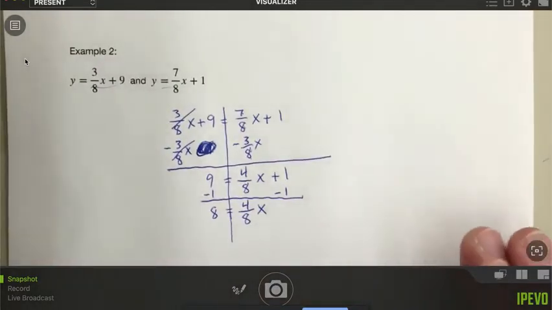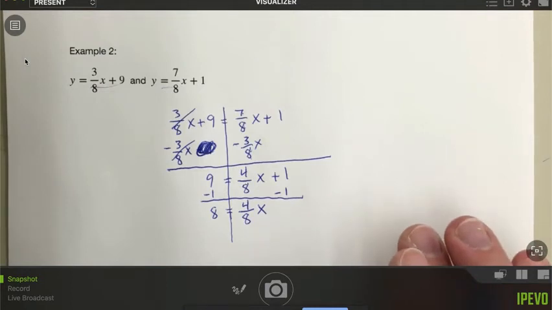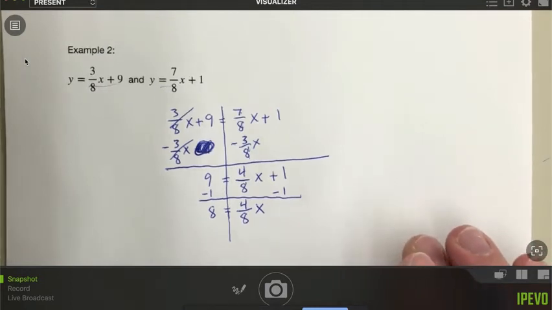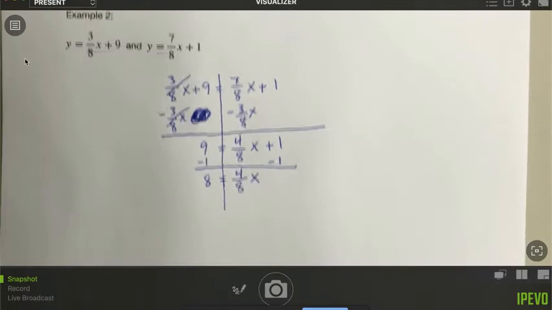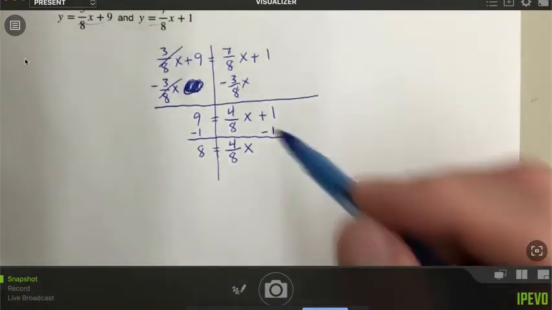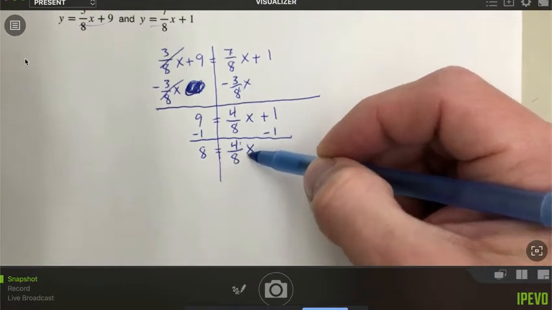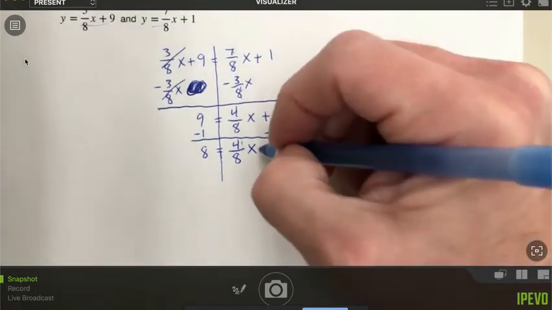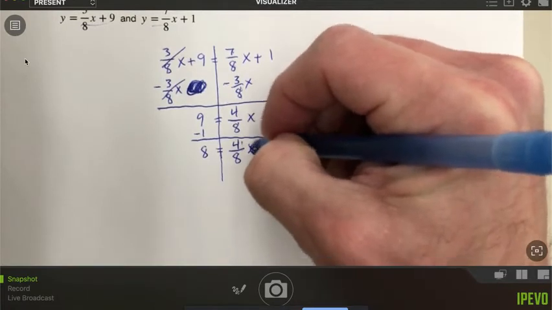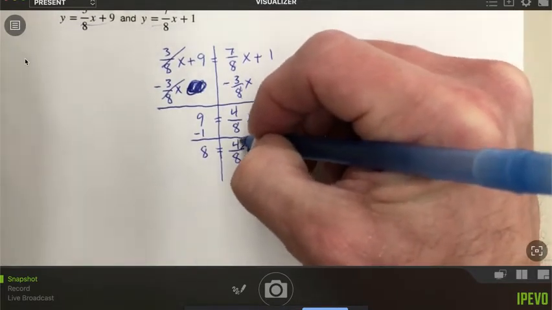All right, so here's where things get a little bit different. We're going to talk a couple properties here. So whenever I see a fraction next to a variable, it's totally okay for me to imagine that this variable is actually in the numerator.